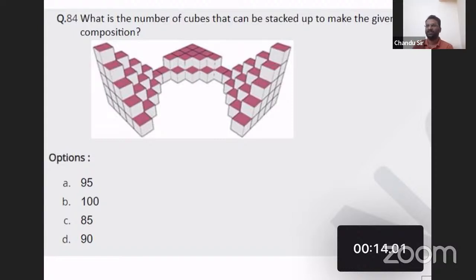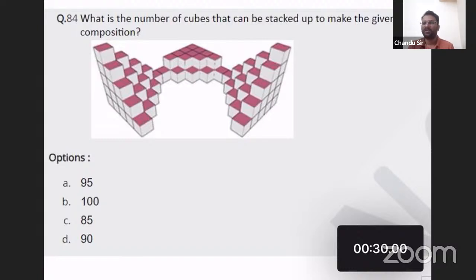Now this question is for counting the cubes. Solve this. What is the number of cubes that you can find in this figure? And the challenge is to solve this question in 30 seconds, in the exam hall.